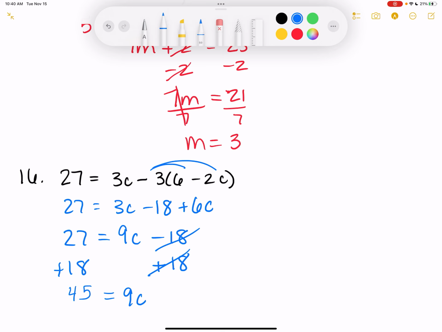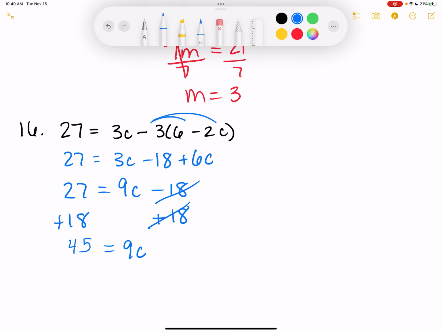And then what? You do divide by 9 on both sides. And what does that give you? 5. Yep. C equals 5. 5 equals c, however you write it.